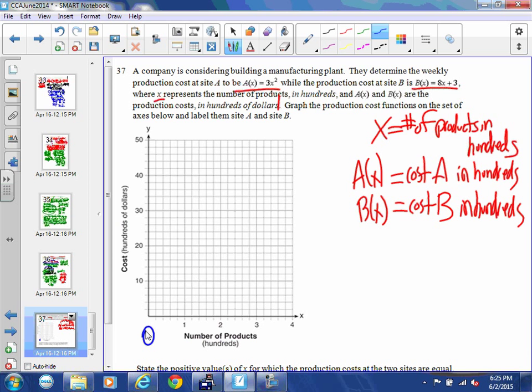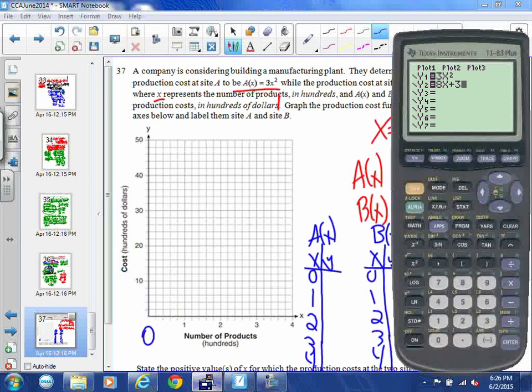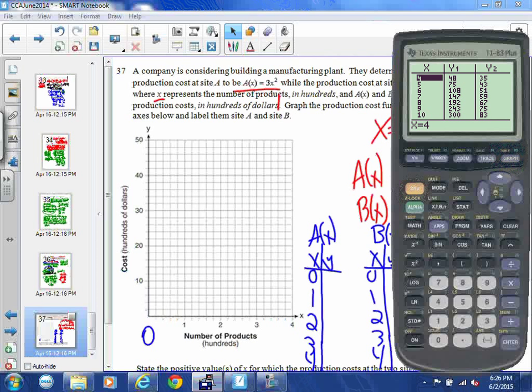So for A of x, 0, 1, 2, 3, 4. And for B of x, 0, 1, 2, 3, 4. Sorry, it's a little bit cramped, but I don't have too much space here. So I'm going to now go back to my calculator. I'm going to look at the table. I'm going to only copy down 0, 1, 2, 3, 4.